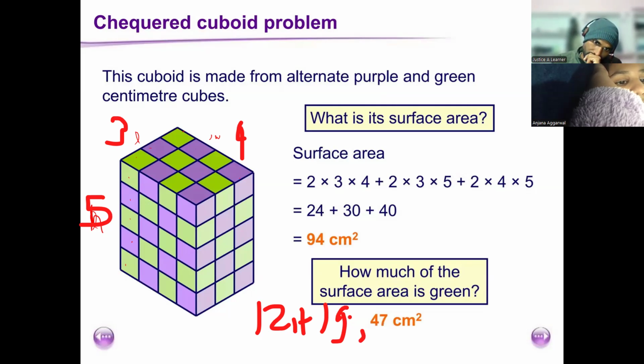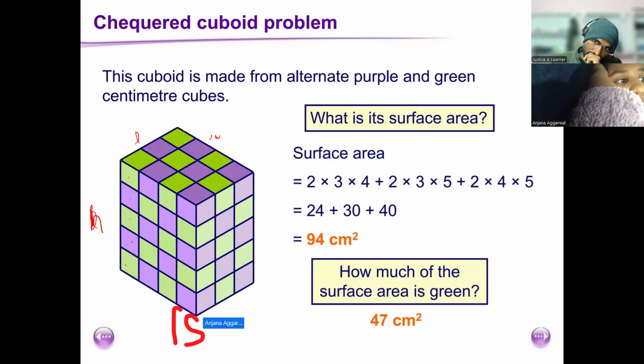So then that means 12 plus 15 plus 20. But because there are 6 sides and we've only found 3, we have to times them by 2.